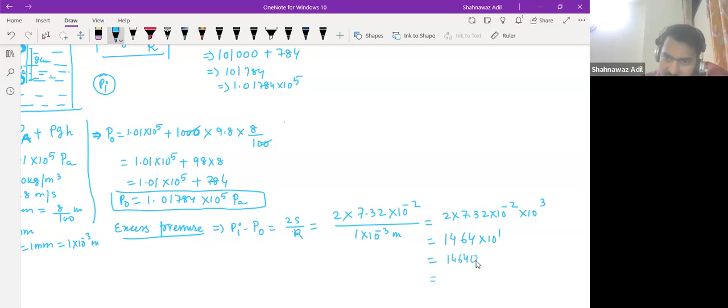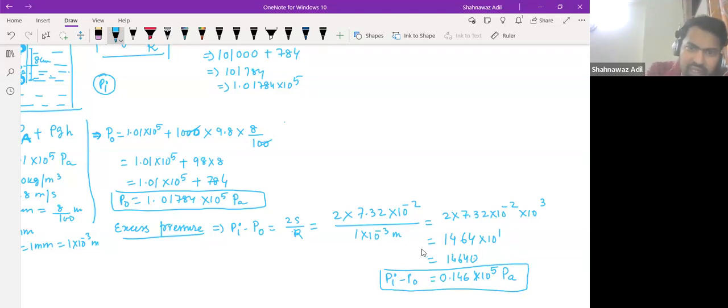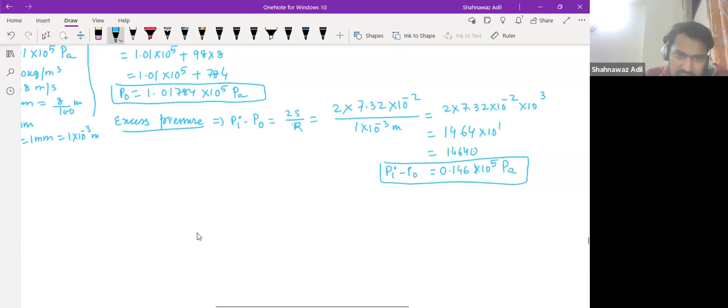So if I write it in order of 10 to the power 5, so 1, 2, 3, 4, 5. This is 0.146 into 10 to the power 5 Pascal. So this would be the excess pressure, right? So this is the excess pressure, and then I can also calculate the pressure inside of the bubble, right?